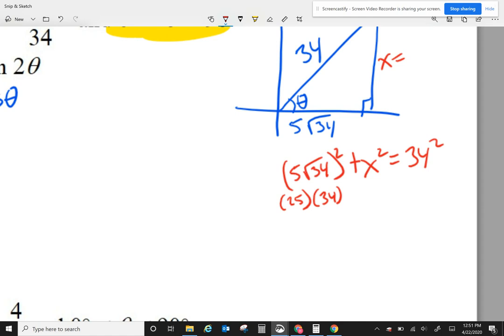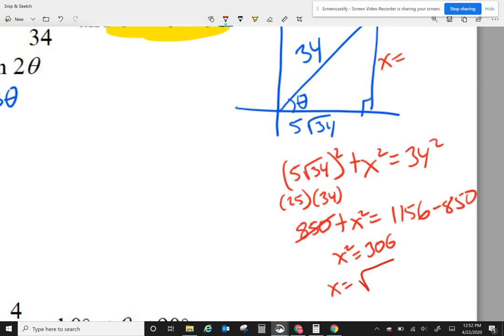However, 25 times 34 is 850. So I have 850 plus x squared is equal to 1,156. Let me subtract 850. I get that x squared is equal to 306. So x is equal to the square root of 306.